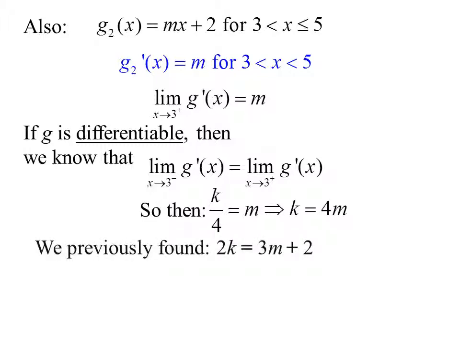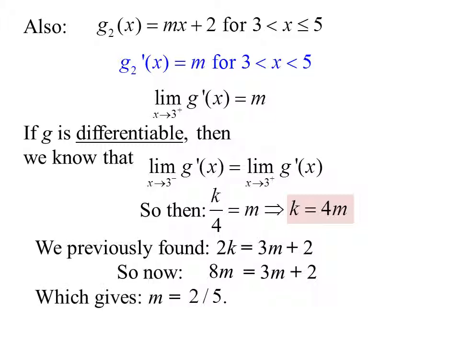We had previously found that 2k equals 3m plus 2, so substituting this new expression for k gives 8m equals 3m plus 2. We solve for m to get 2/5, and then use k equals 4m to compute k as 4 times 2/5, or 8/5.